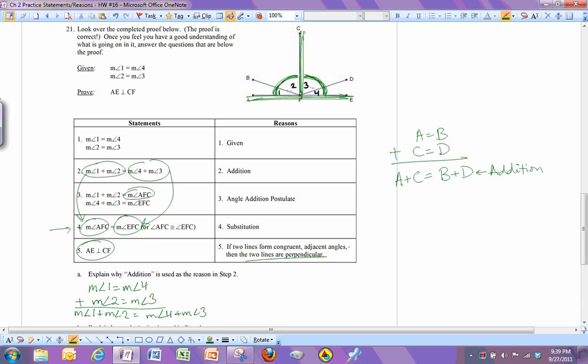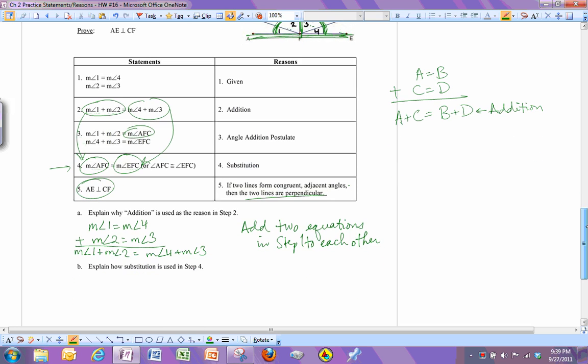And that's the addition property. So: add the two equations in step 1 to each other. Something like that would be a good explanation.